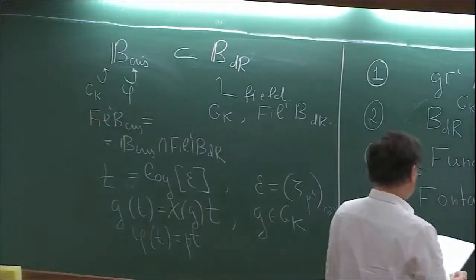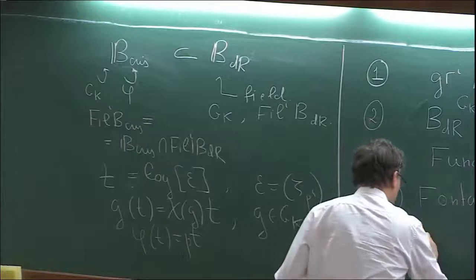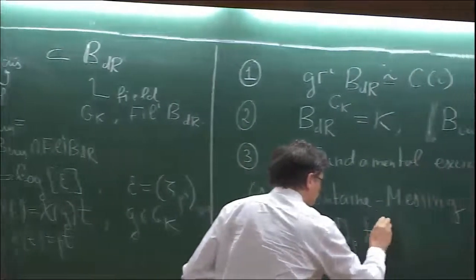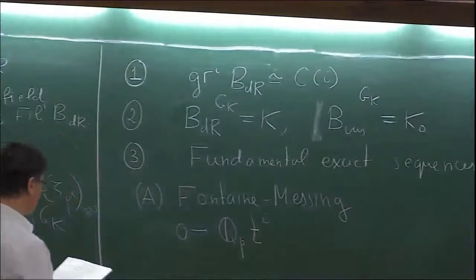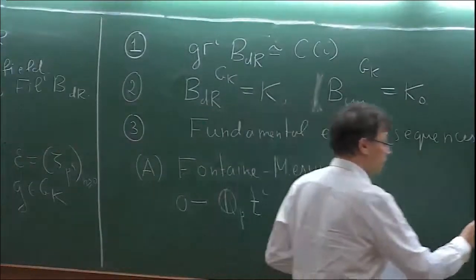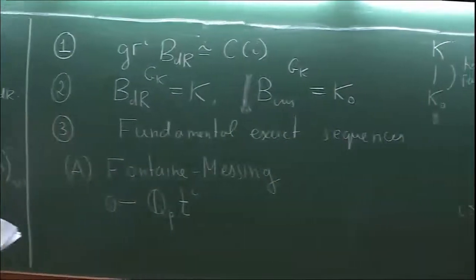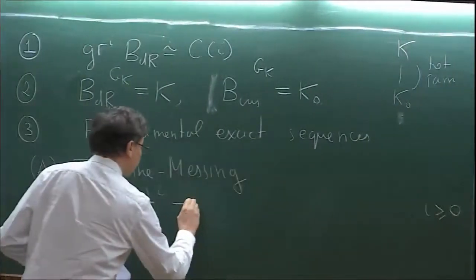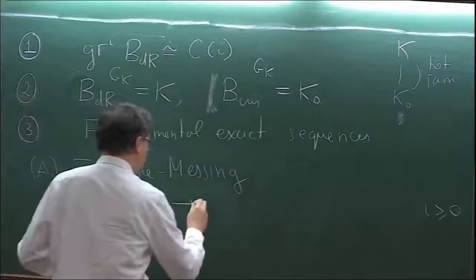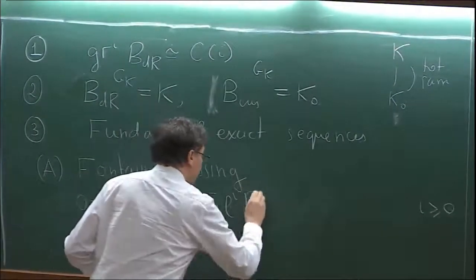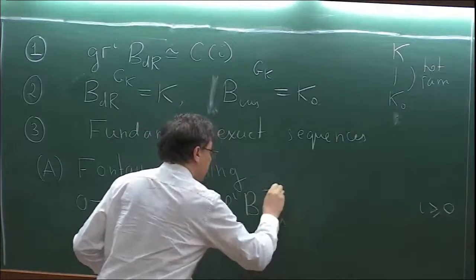And we have the following exact sequence for any i bigger or equal to 0. It starts with Q_p t^i. We go to Fil^i B_cris^+.